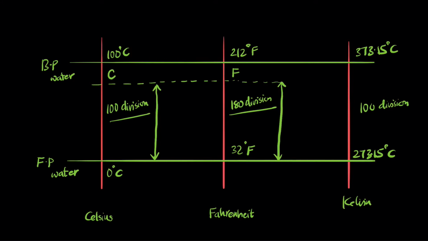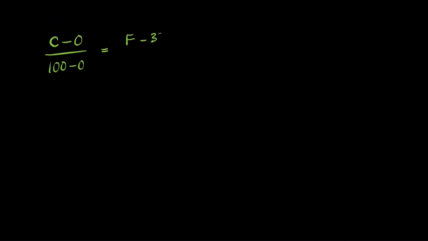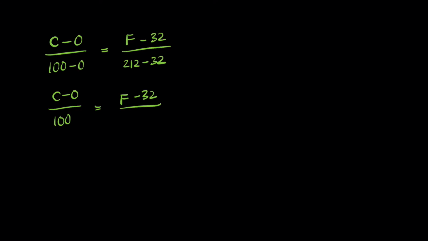We are taking the ratio of the temperature that we use, C minus the 0 degree centigrade, divided by the total number of divisions. So that gives you (C minus 0) by (100 minus 0) is equal to (F minus 32) divided by (212 minus 32), where the 0 here is 32 in F. So it becomes C minus 0 by 100 is equal to F minus 32 by 180.